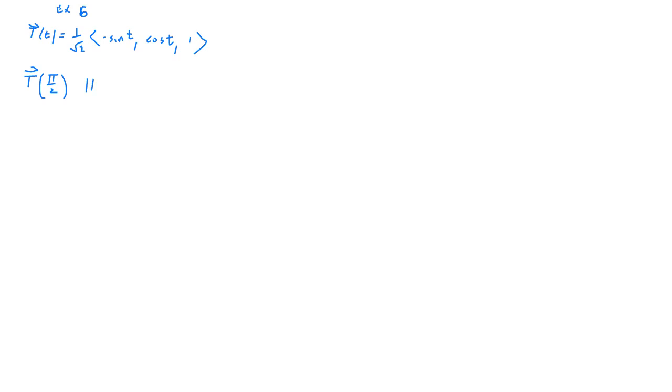Now, would that tangent vector be parallel to this vector here? You notice I left the 1 over root 2 out. Is the tangent vector parallel to this vector here? Does the 1 over root 2 change the direction?